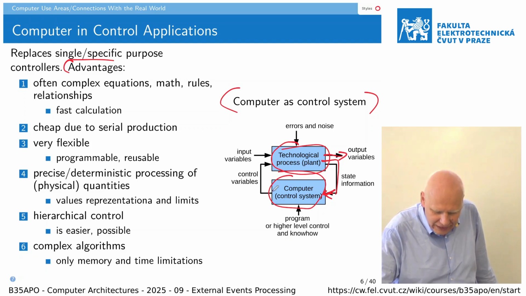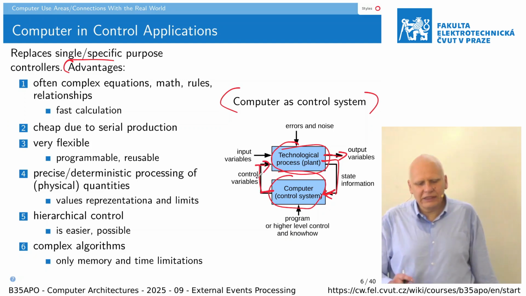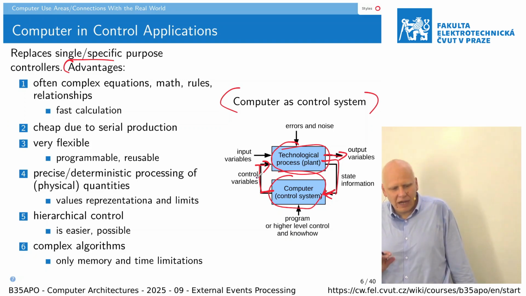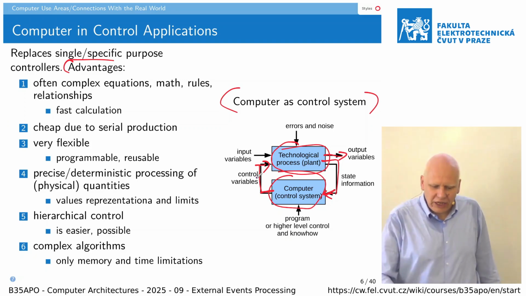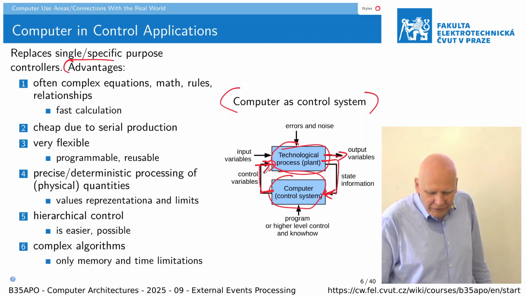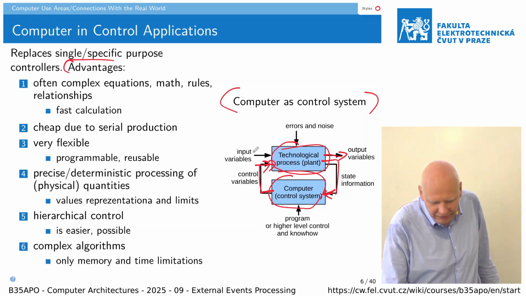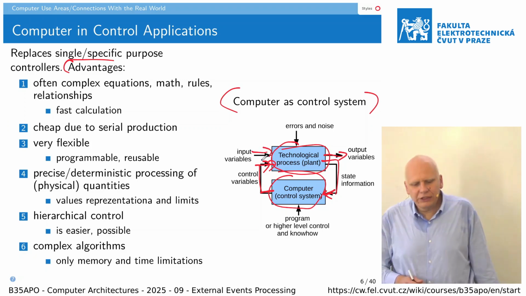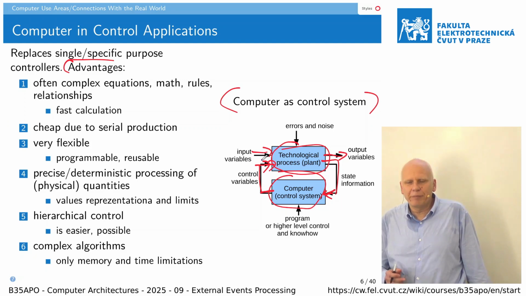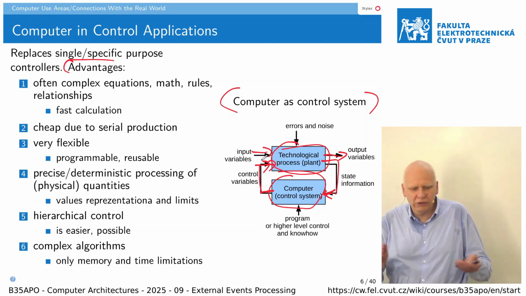Then this system has some control variables. So basically some actuators and so on, which allow us to feed some inputs to the technological plant. Then we have some inputs which we cannot change, for example, the shape of the road and so on.